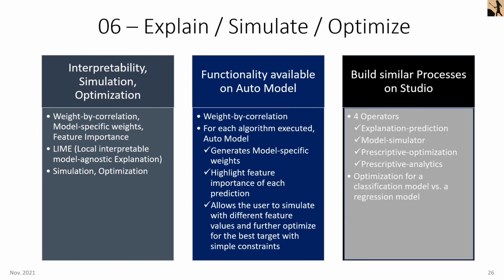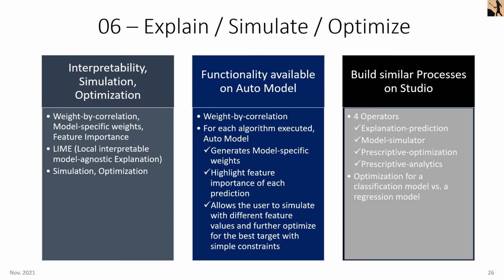Then we will show some use cases in two different modes. The first one will be the interactive mode, and that is on auto model, right? Where we just follow steps interactively, right? We can first take a look at the generic weight that is done by correlation between the input and output.